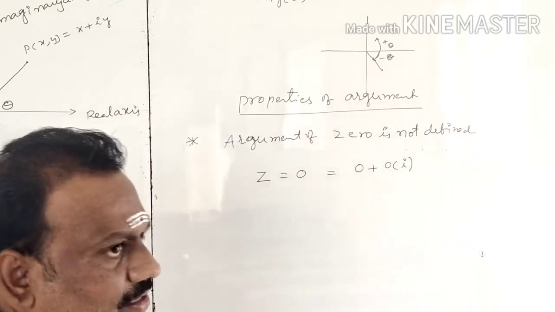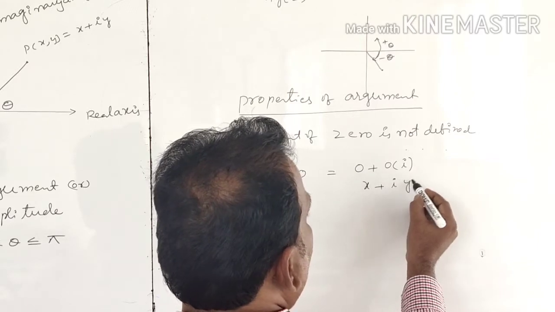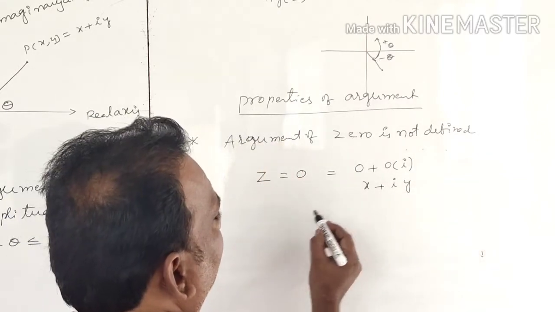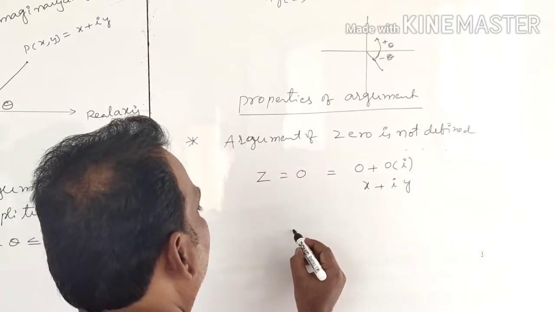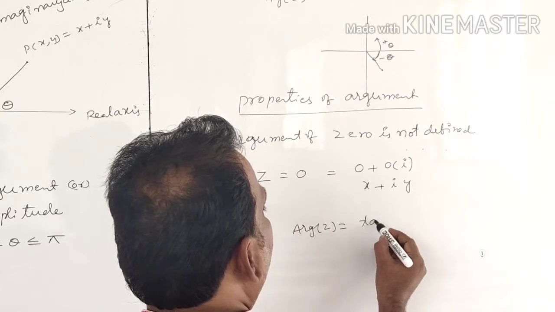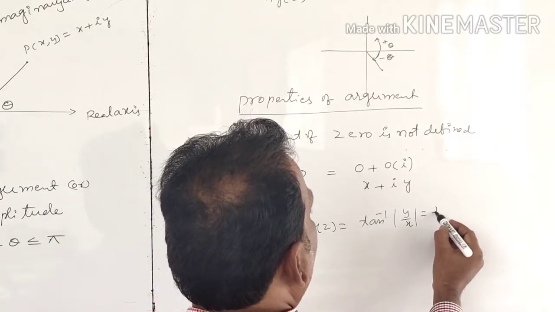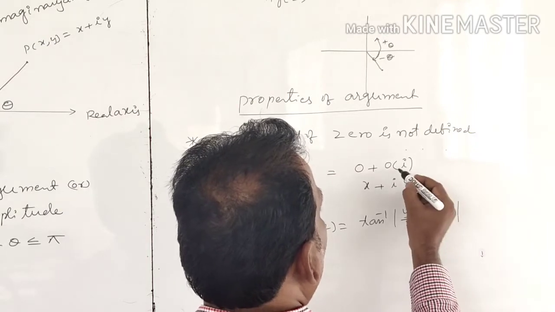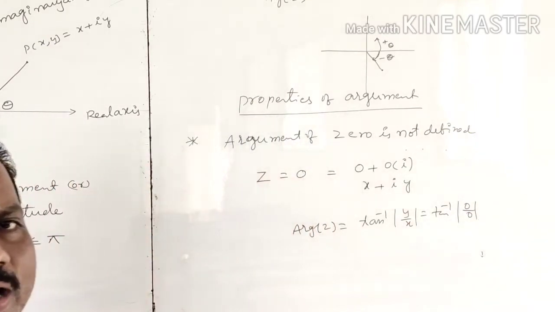Did you get it? So it is in the form of x plus iy. So we have argument of z equal to tan inverse mod of y by x. Here the y value is 0 and the x value is also 0, so 0 by 0.